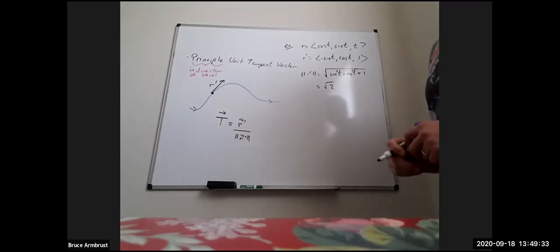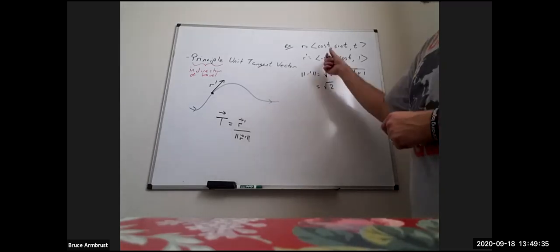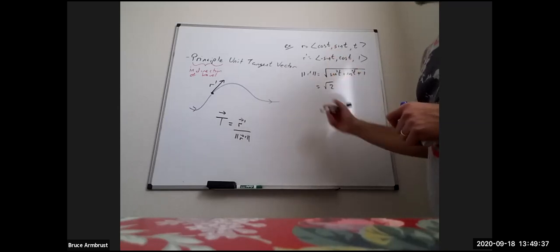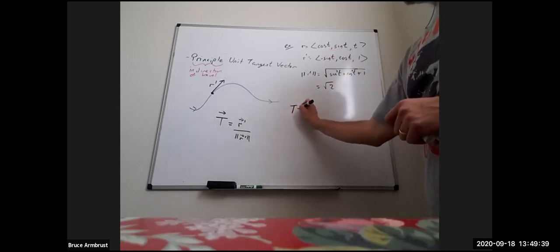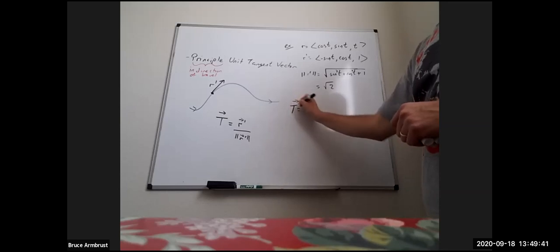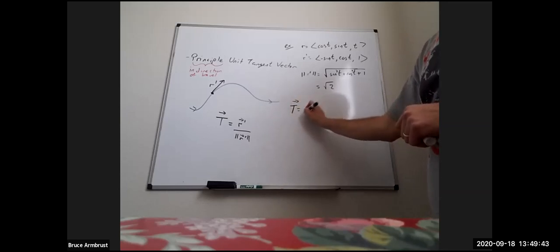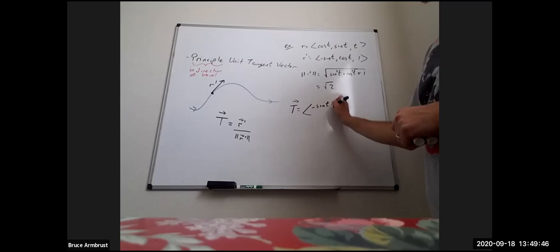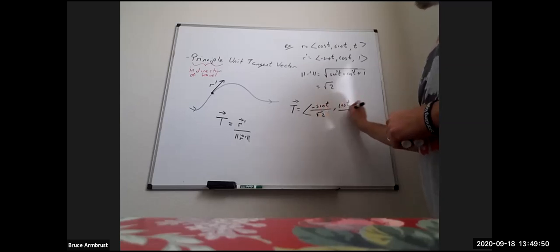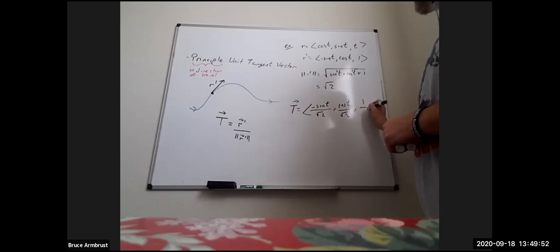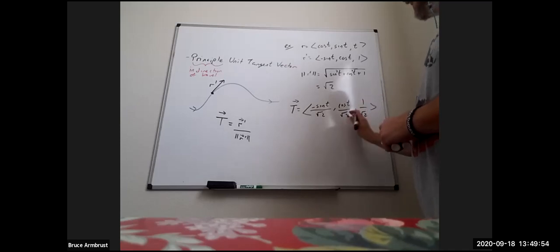So we'll go ahead and multiply this vector, r prime, by 1 over root 2. And so here is our unit tangent vector. It's minus sine t over root 2, cosine t over root 2, 1 over root 2.